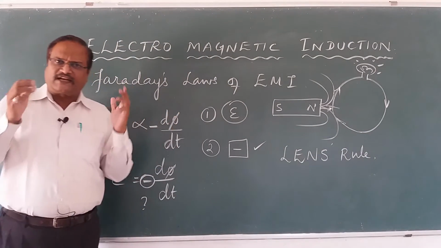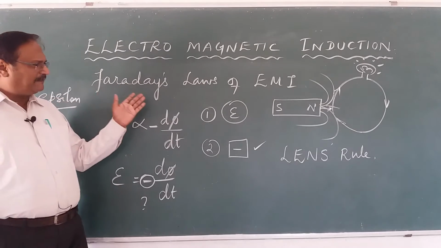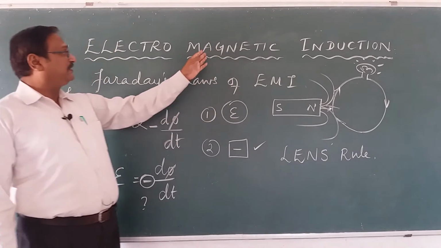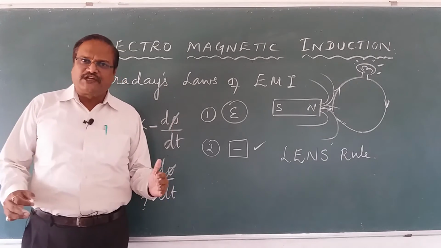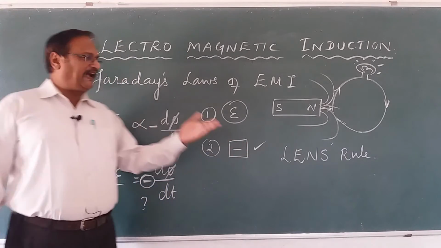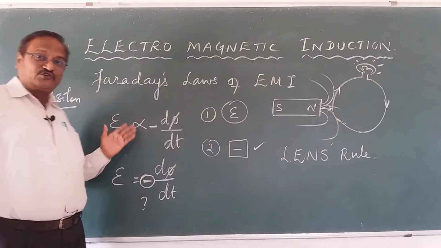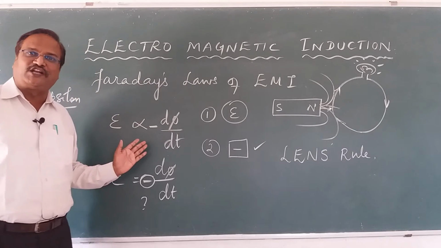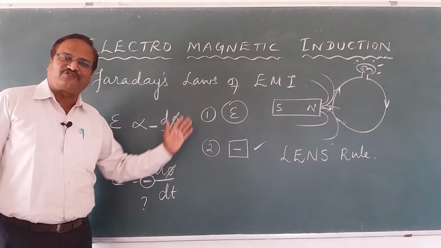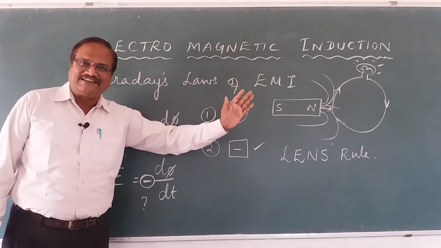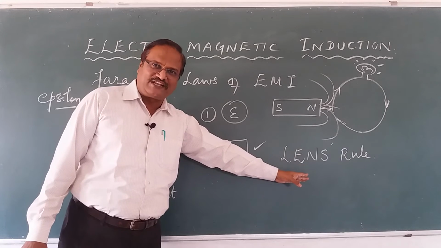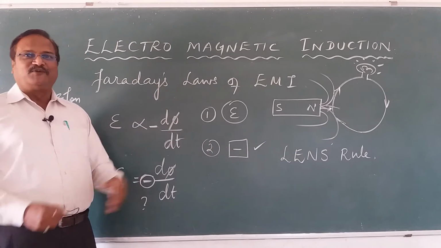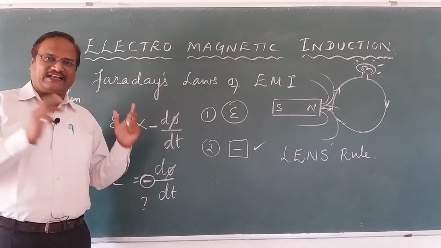If you talk about Faraday's laws, whenever the magnetic flux across a coil changes, an EMF is induced, and the induced EMF is proportional to the rate of change of magnetic flux, and the sign is negative, that is given by Lenz rule. Now we will study more in detail about Lenz rule.